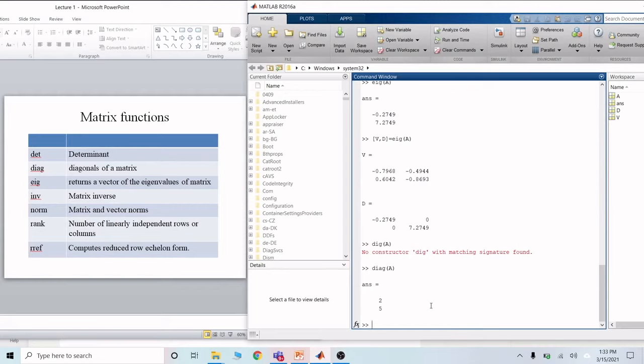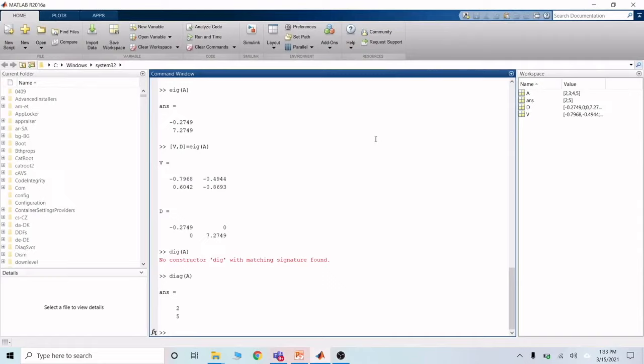We can interchange the rows and columns, and you can work with matrices in MATLAB more easily than in other software. Okay. This is all about the matrix and using MATLAB, how we can create the matrix and compute with the matrix.